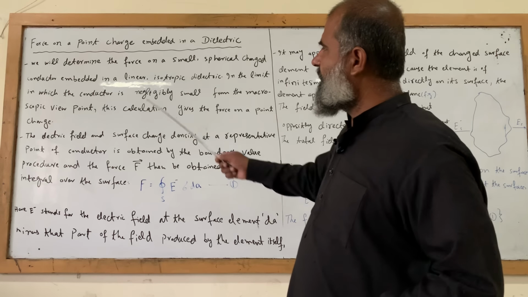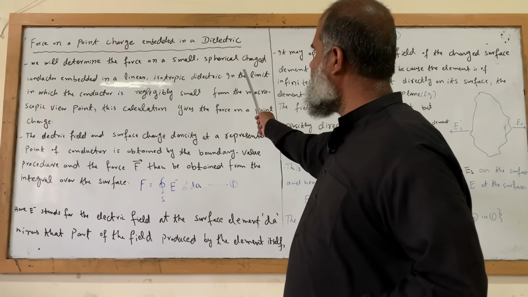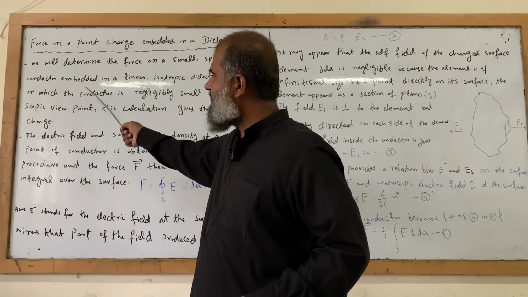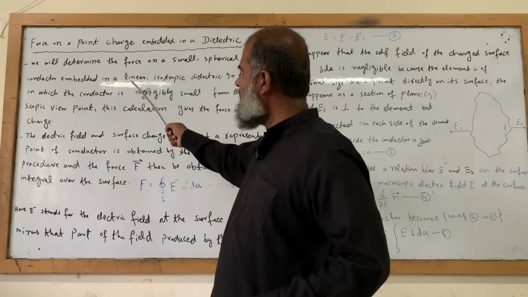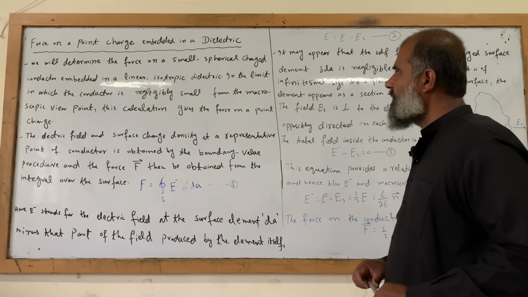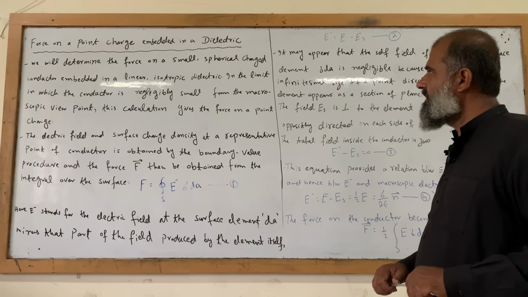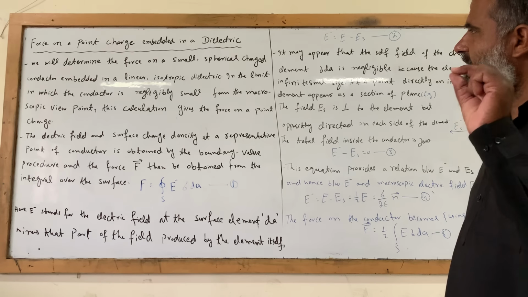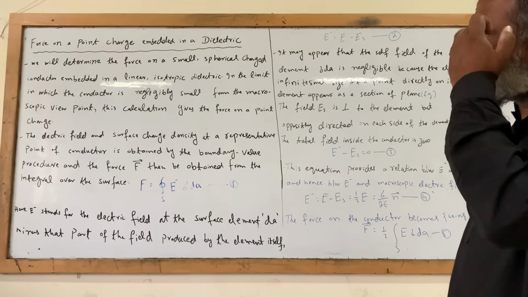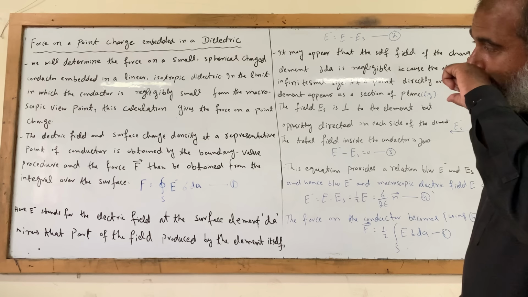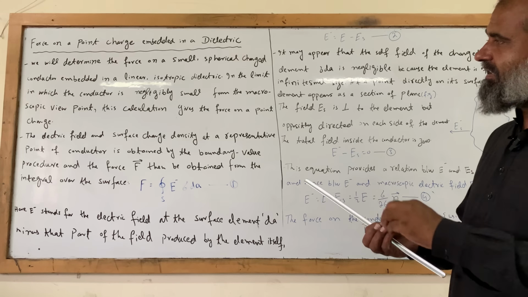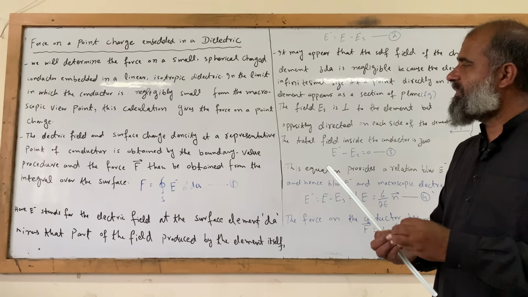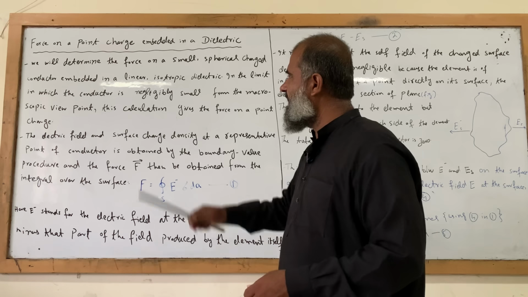We will determine the force on a small spherical conductor embedded in a linear isotropic dielectric. Means a very small spherical conductor is placed inside the dielectric medium, a medium that is linear and isotropic.